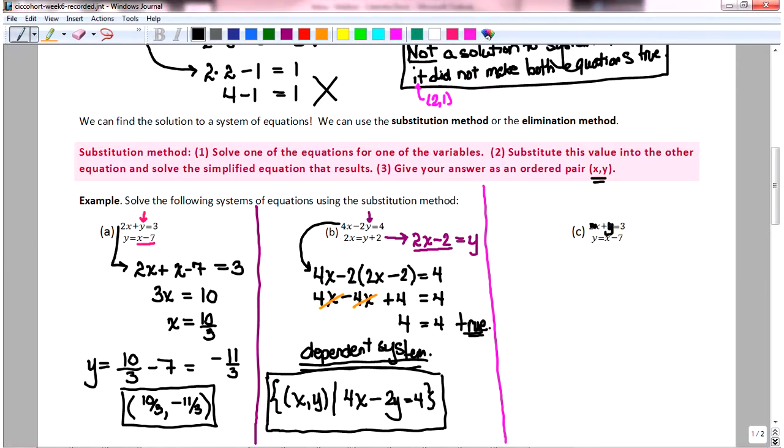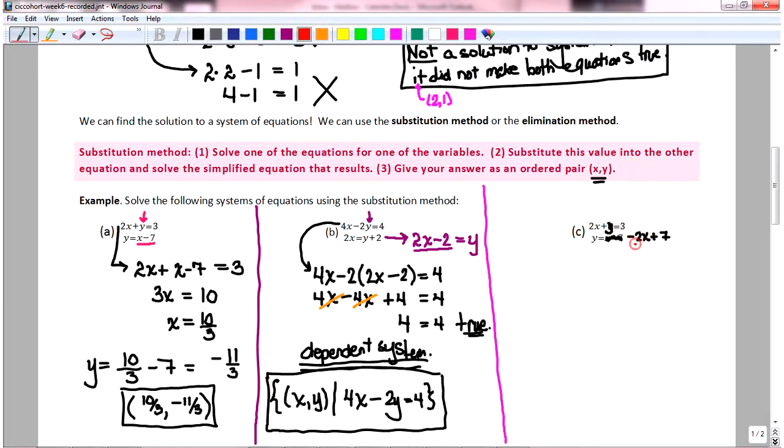And let's make this y equal to negative 2x plus 7. And let's let this be 2x plus y equals 3. Okay, so that's going to be our starting equation.